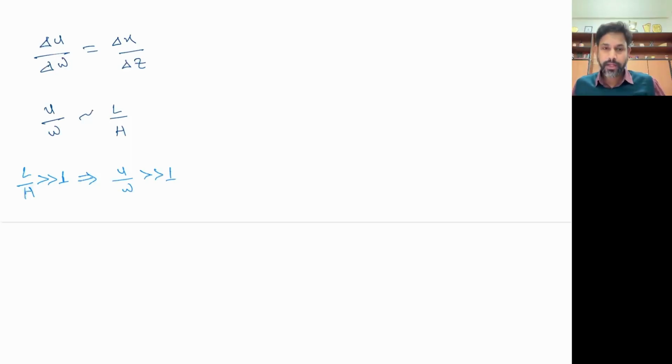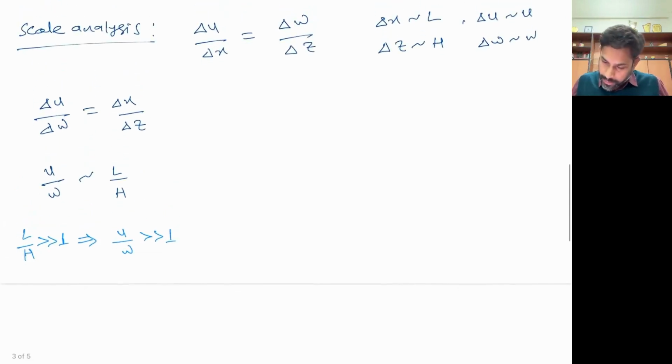Okay, so if L is much greater than h, that means L by h is much greater than 1, and indirectly u by w is also much greater than 1. That actually means u is much greater than w, or w is much smaller than u, right?